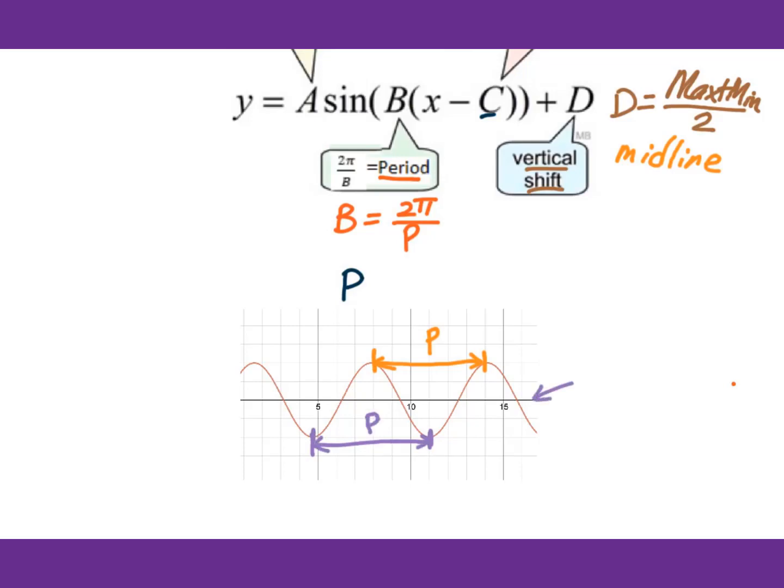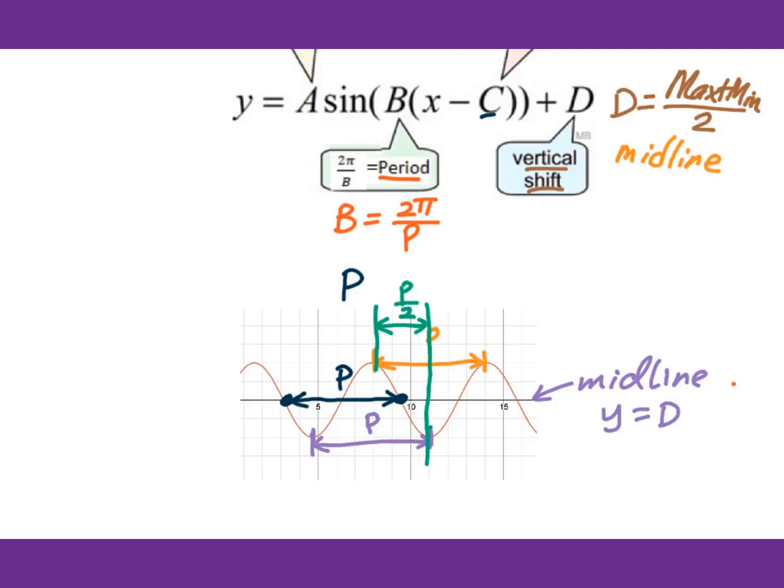We call this a midline, y equals d. You can find every other point. Then this distance will be p. Or you can use one maximum point and one minimum point. This distance will be p over 2.